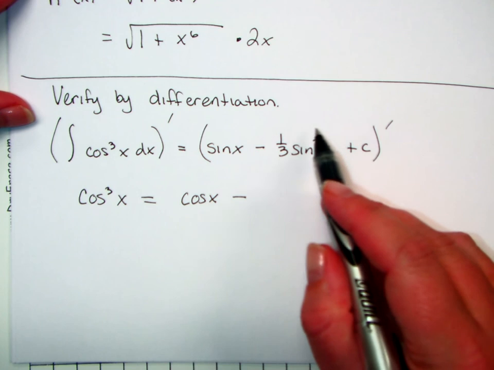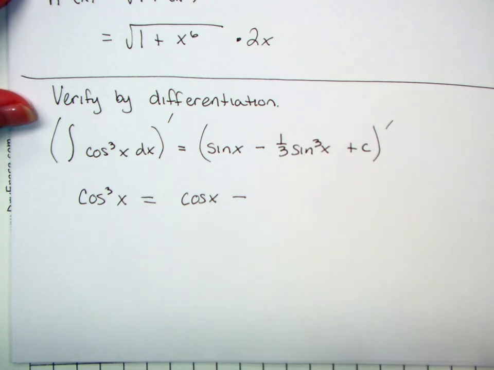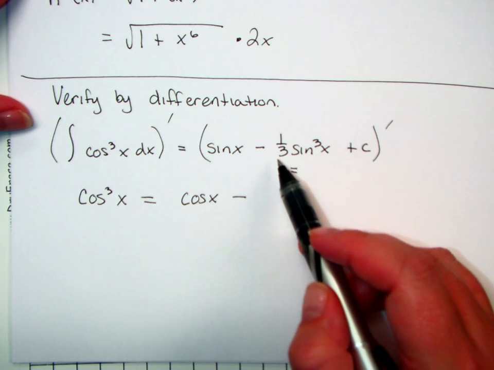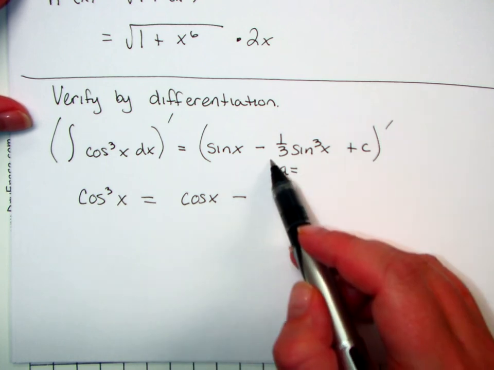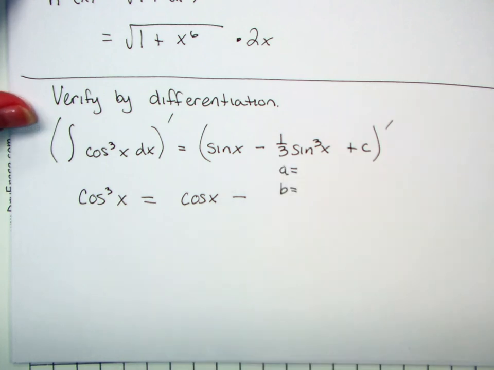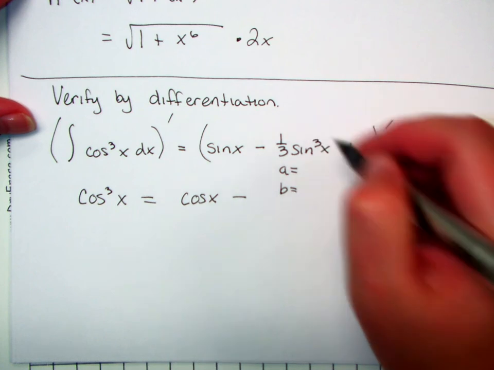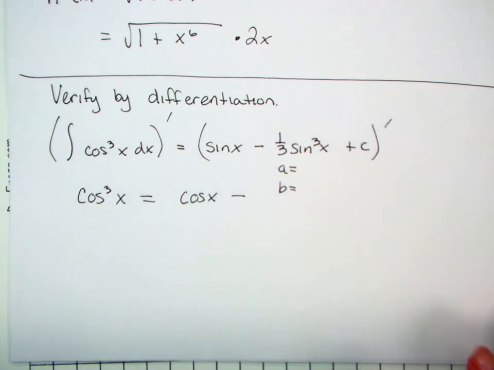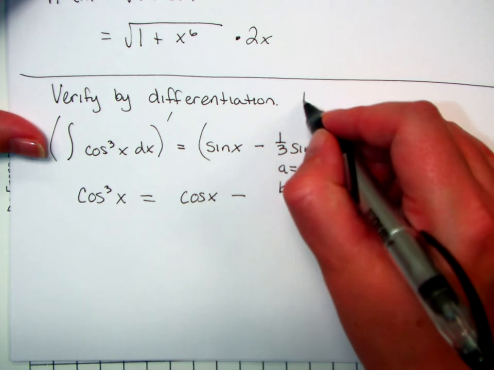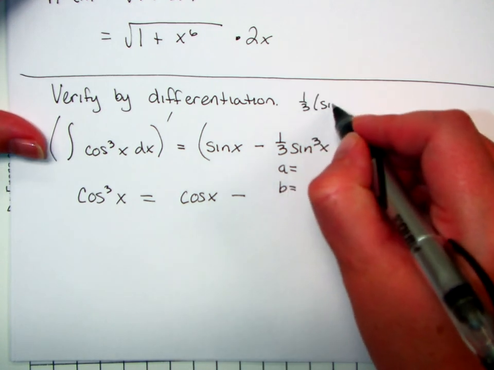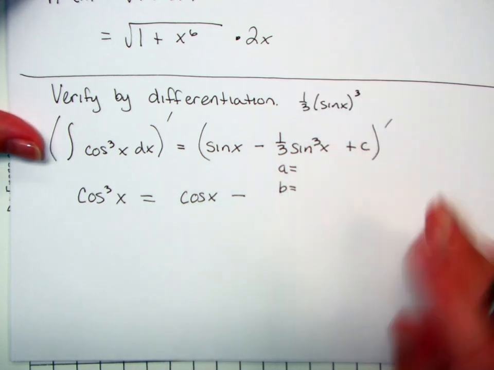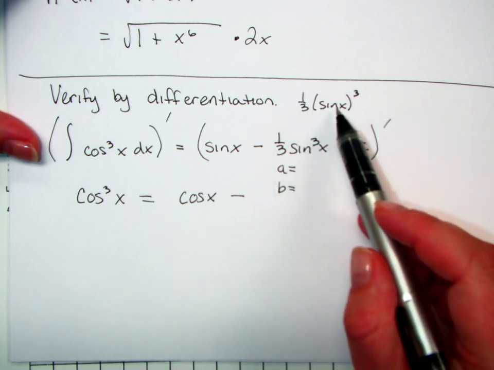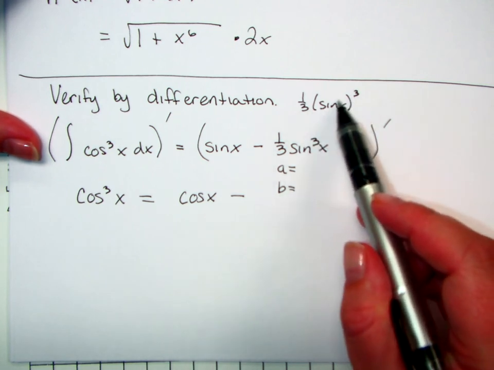and the derivative of 1/3 sine cubed x. This is going to require a chain rule. So I'm going to go ahead and outline the chain rule here. Now we have a constant. Okay, I'm going to leave the constant as part of the outside function. So 1/3 sine cubed x is 1/3 sine x cubed, like so. So you can see that sine x is inside this cubic function.